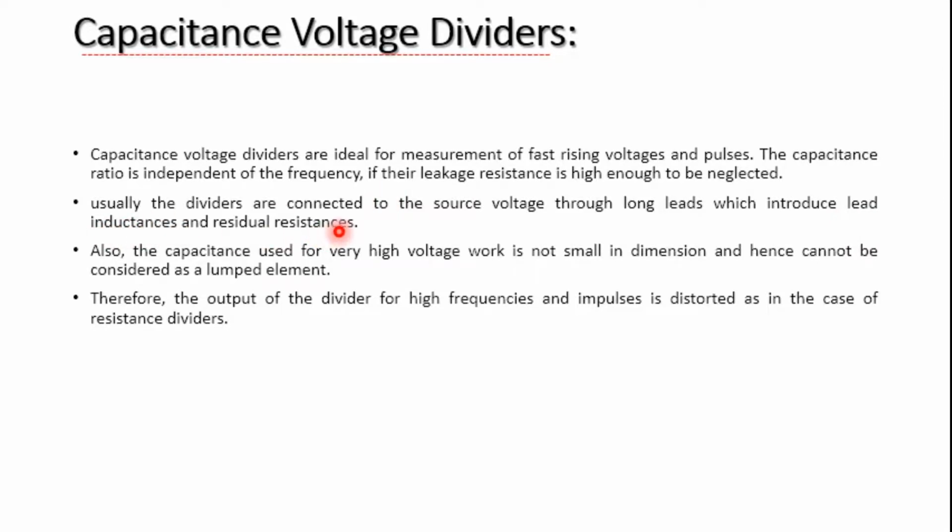These values we have to take into consideration, otherwise there is a possibility of introducing errors. Also, all the capacitances used for very high voltage work are not small in dimension, and cannot be considered as lumped parameters, because this will introduce the Cs and Cg values. Therefore, in the output of the divider for high frequency and impulse, a distortion will take place in the resistive dividers.